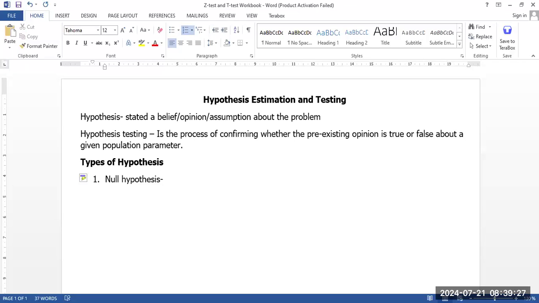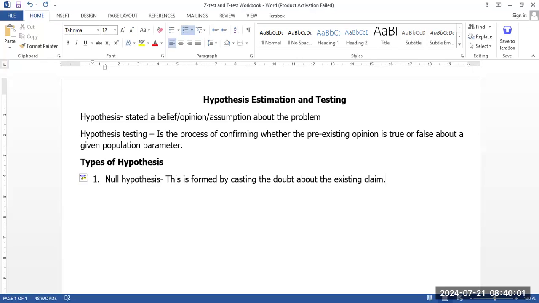What you state, you as the researcher, is formed by casting doubt about the existing claim.